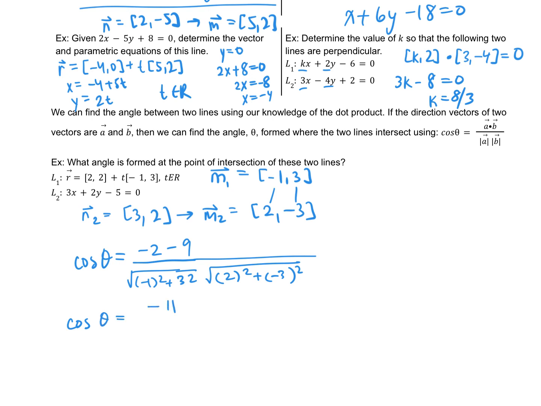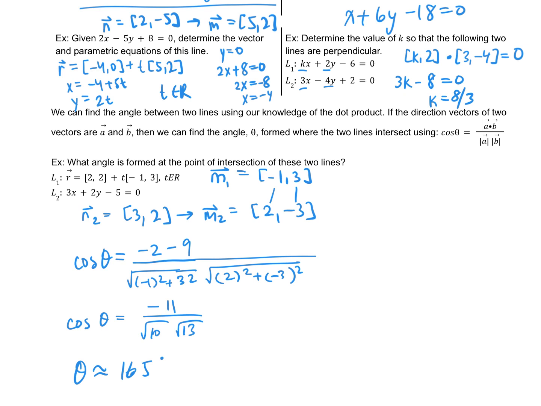So that is negative 11 over the square root of 10 times the square root of 4 plus 9 is 13. We can take a cos inverse of that fraction to get approximately 165 degrees. And that would be the angle at the point of intersection of these two lines.